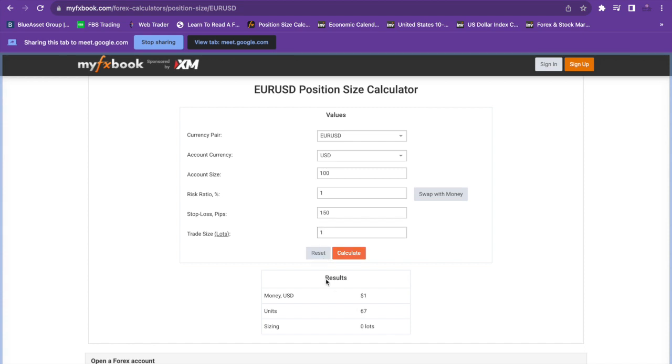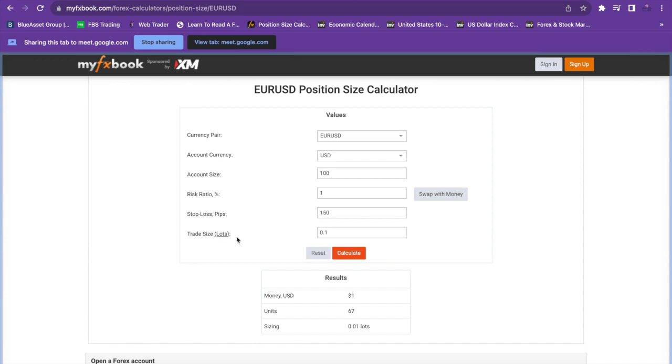But as we know, we don't trade normal lots. One lot is 100,000 units. Remember, we're on a cent account. So that means that we are at 0.1. You see that this one doesn't even put it in there for us. Oh, there it goes. Yay. It's going to do it. All right. So there we are.